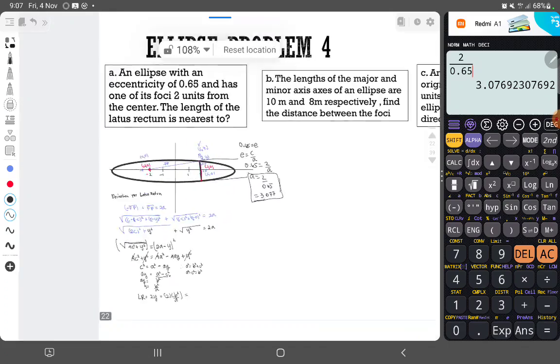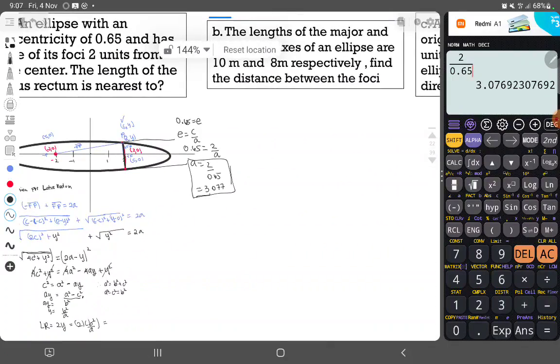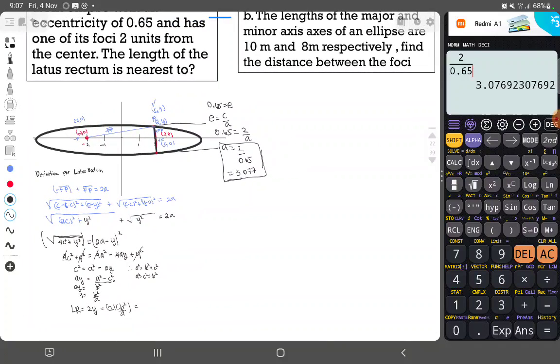So from here I will have LR based on our example, LR is equal to 2 multiplied by B square all over A, wherein we have 2 multiplied by A square minus C square all over A.